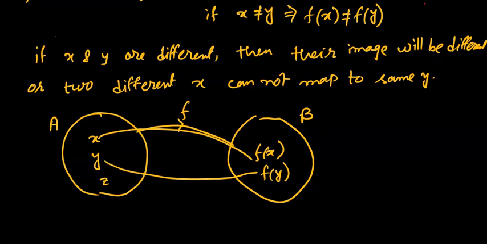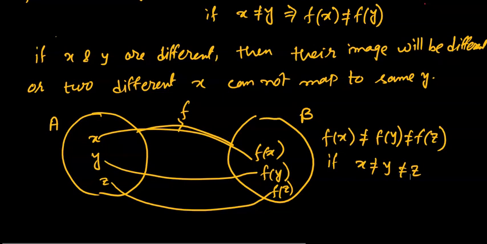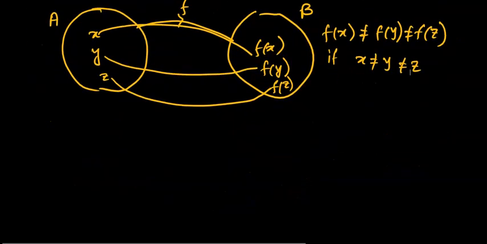If suppose there is some z, then f(z) will be here and f(x) not equal to f(y) not equal to f(z). They are not equal if x not equal to y not equal to z.